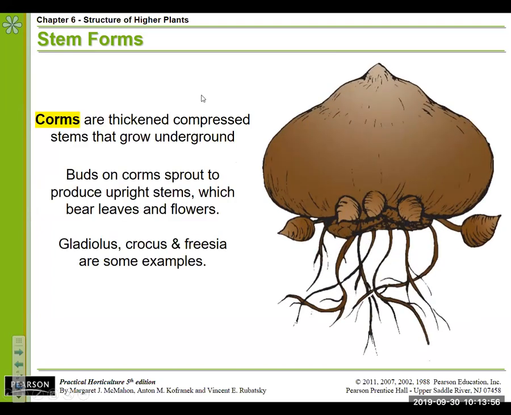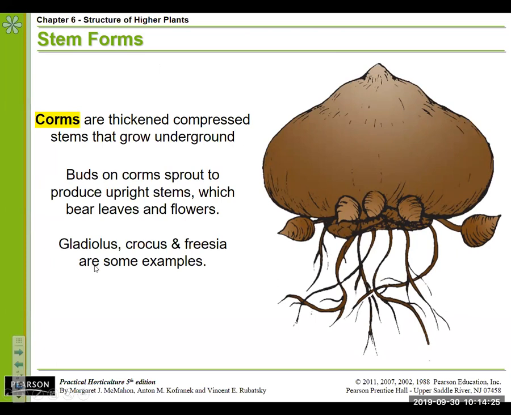We also have the bulbous plants that have these specialized structures. Again, we think of these as being roots, but the roots are always below this particular point here, this meristematic region. So this is an example of a corm, a thickened compressed stem growing underground.